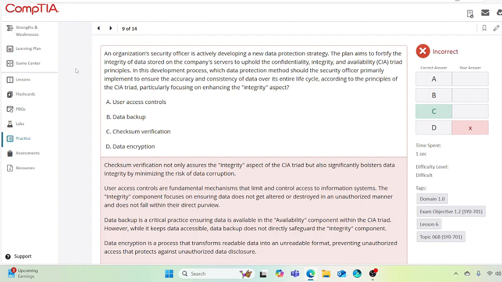An organization's security officer is actively developing a new data protection strategy. The plan aims to fortify the integrity of data stored on the company's servers to uphold the confidentiality, integrity, and availability triad principles. In this development process, which data protection methods should the security officer primarily implement to ensure the accuracy and consistency of data over its entire lifecycle according to the principles of the CIA triad, particularly focusing on enhancing the integrity aspect?